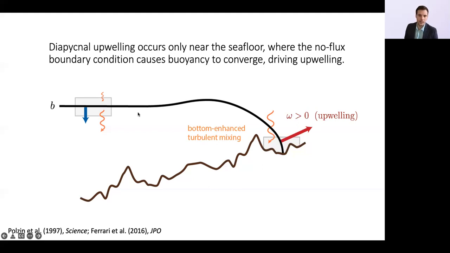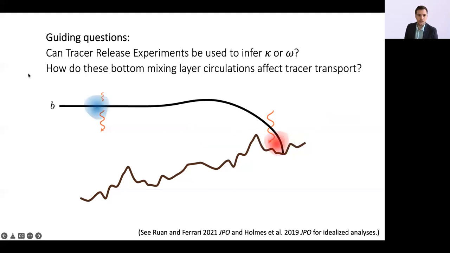And so the idea here is that to balance the downwelling or formation of bottom waters around Antarctica, you have to upwell water somewhere. And so the thought is that mostly happens in these rough bottom enhanced mixing bottom boundary layers. So the point of this talk is to think about how we might be able to observe this process, in particular using tracer release experiments to directly infer the diffusivity experienced by the tracer or the buoyancy velocity directly.